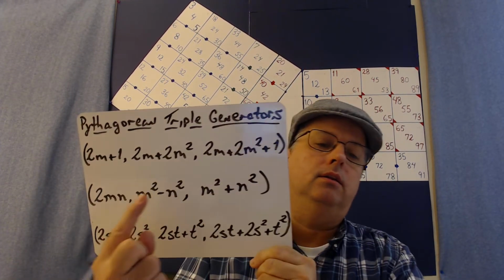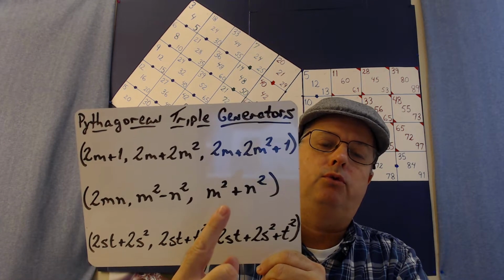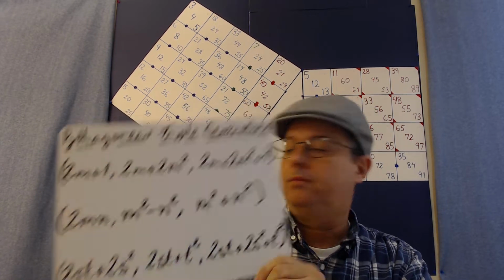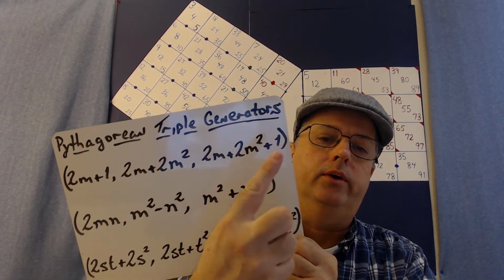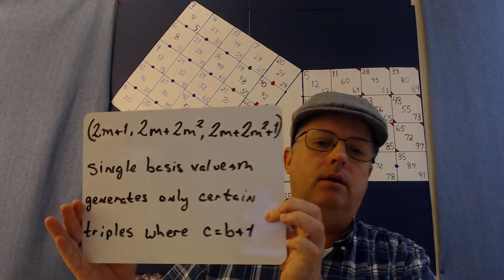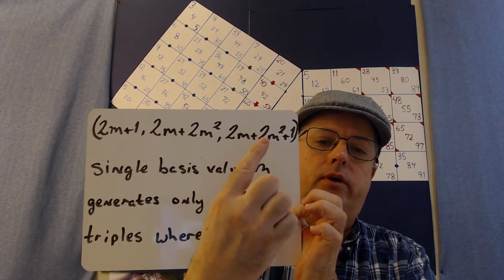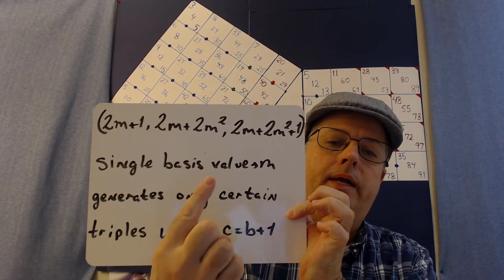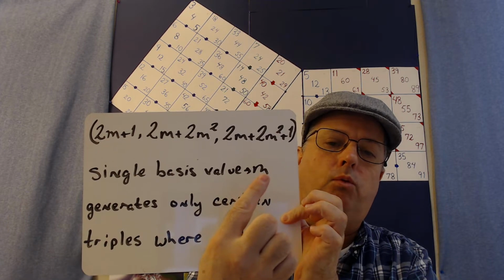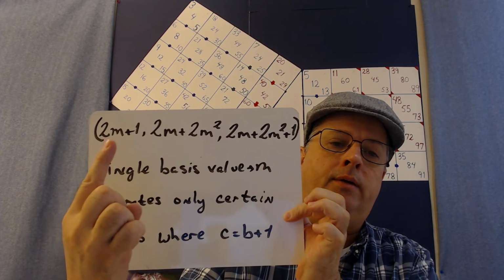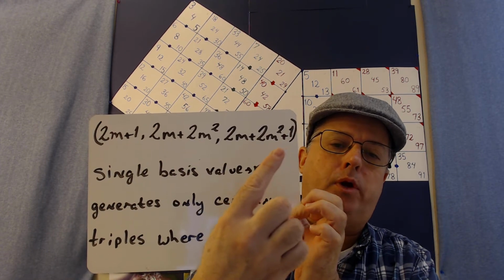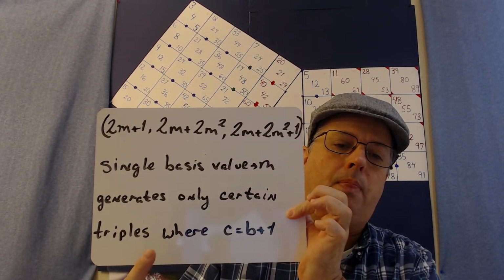So this middle formula for generating Pythagorean triples is different than the one that we talked about in the previous videos. That's this one here, because this Pythagorean triple generator formula has a single basis value, just one value, m, and m through these algebraic expressions will generate a Pythagorean triple.